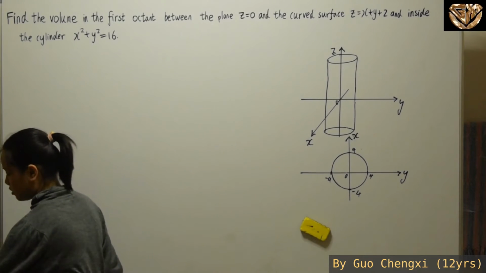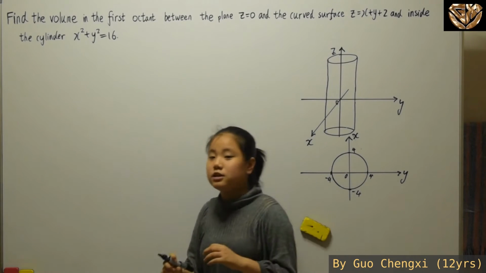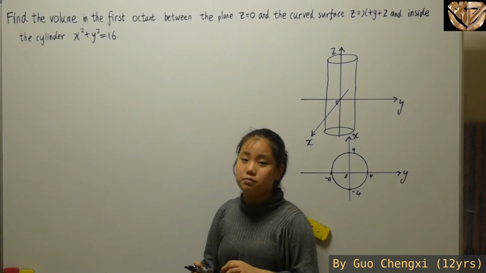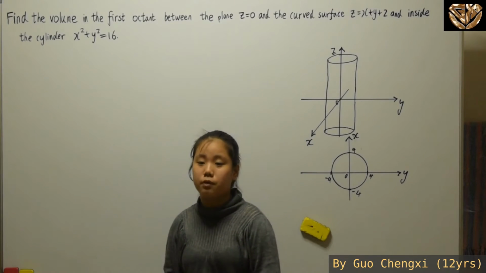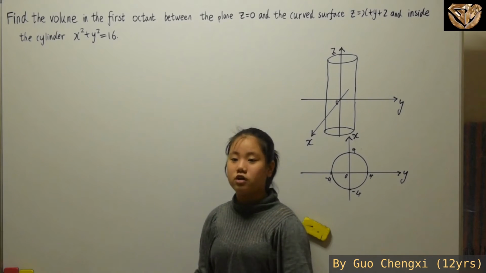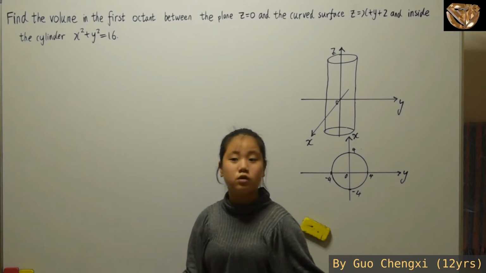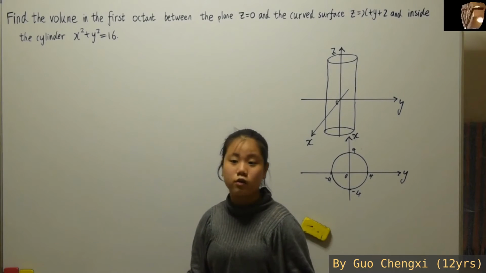So for this part, we are finding the volume. But just because we are finding the volume does not mean that we must be using triple integration. In fact, you can use double integration or even single integration to solve the volume.